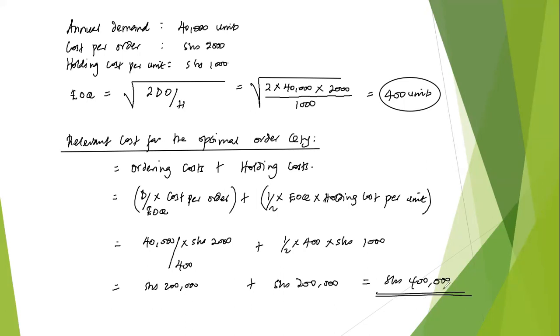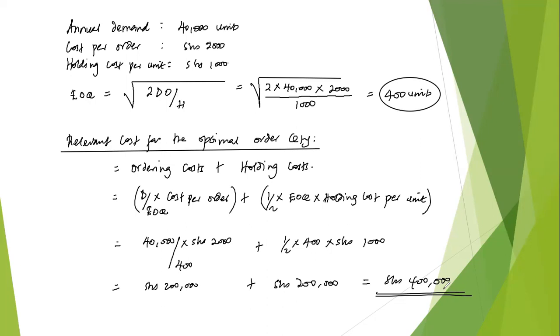Therefore, the relevant cost for this optimal order quantity is shillings 400,000. Remember, 400 units, this is the order size which minimizes our inventory costs, and the inventory cost to be incurred at that order size of 400 units is 400,000.